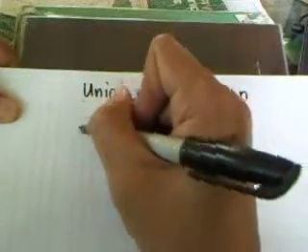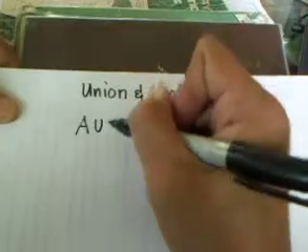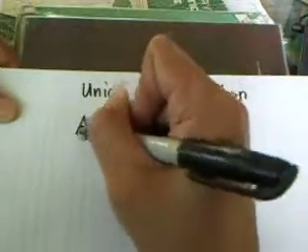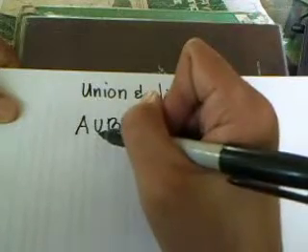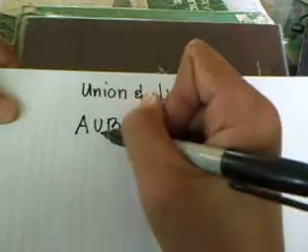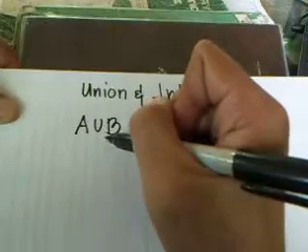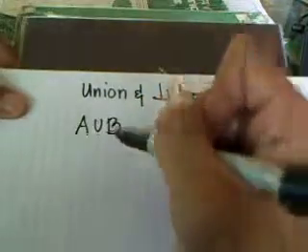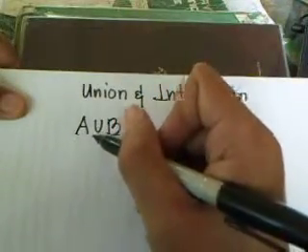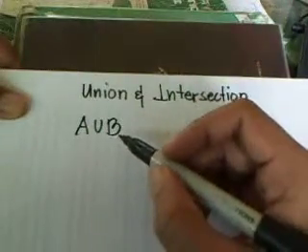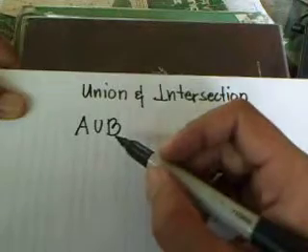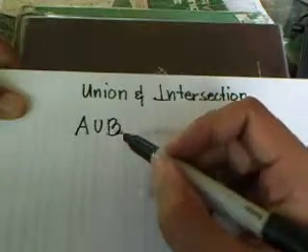Now let's say for example the union of A and B. This symbol here denotes that this is the union of A and B. So the union of A and B is the set that contains those elements that are either in A or in B or in both.